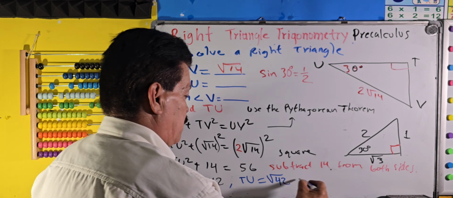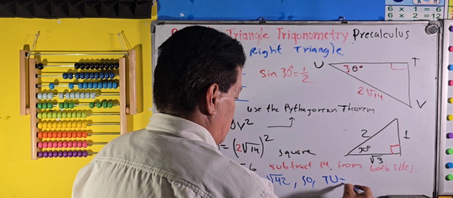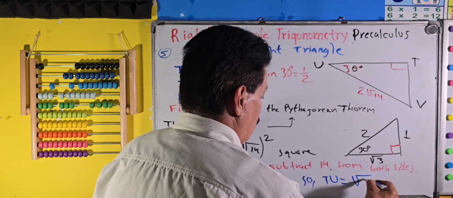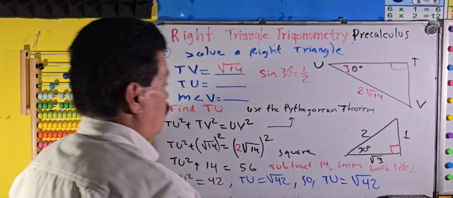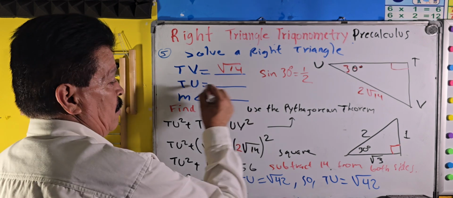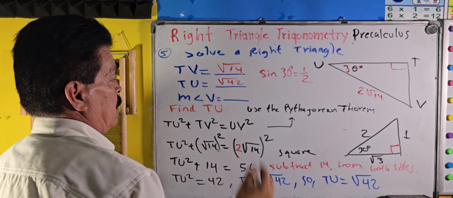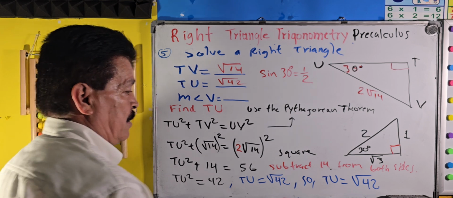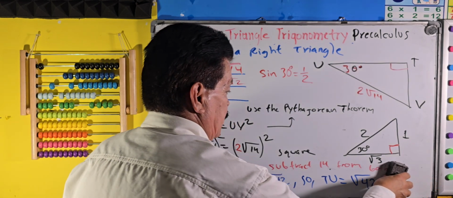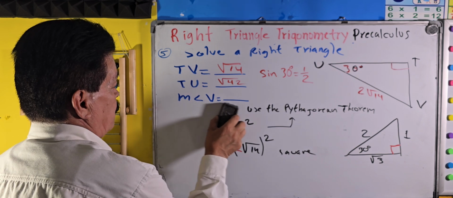So our answer here is TU equals square root 42. That's the number. Okay, let's find the last one.